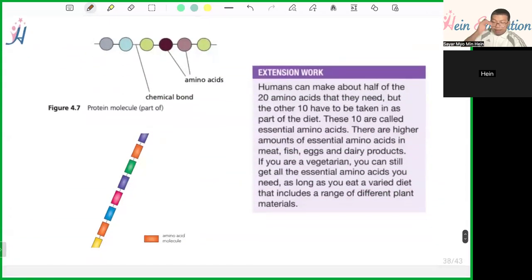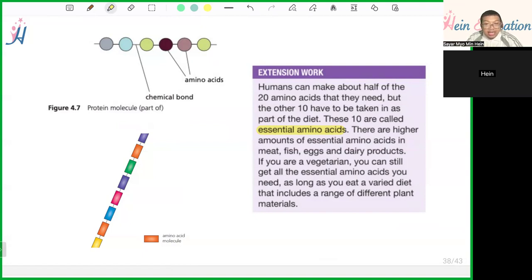So we can see amino acids have a chemical bond between them, which is a peptide bond. And again, amino acids can be subdivided into two groups: essential amino acids and non-essential amino acids. Essential amino acids mean that we need them in our body, and they are in higher amounts in meat, fish, eggs, and dairy products.